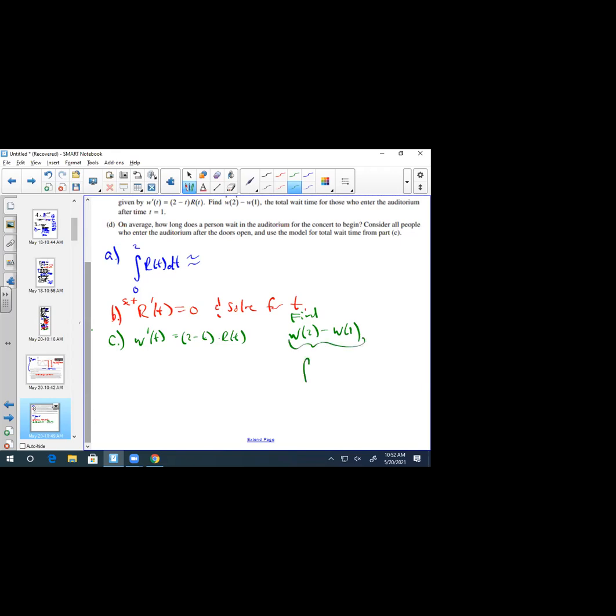This is just the integral from 1 to 2 of W prime of t dt. Would you agree with that? Yes. Okay.